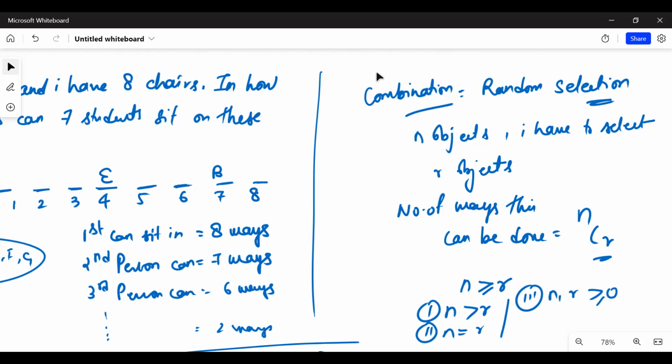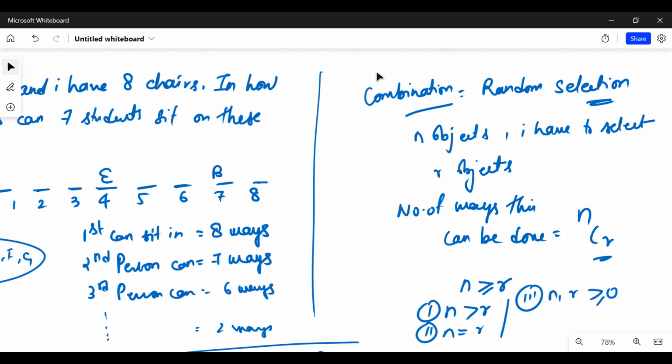You cannot choose negative things. Can you choose -2 apples from 8 apples? No, right? I hope you are getting this concept, everyone. Whenever we talk about choosing, the values of n and r should both be non-negative integers.